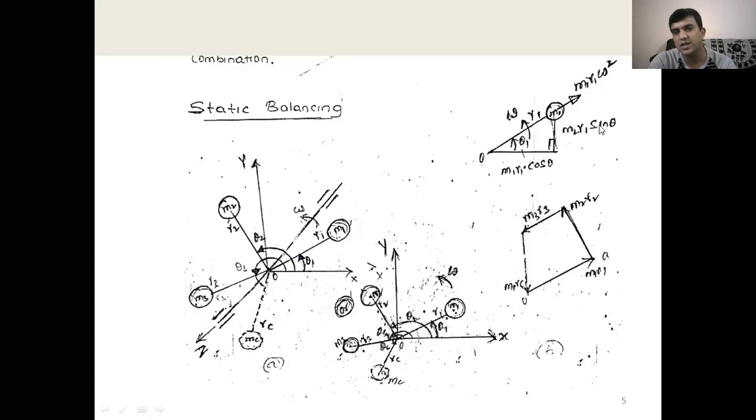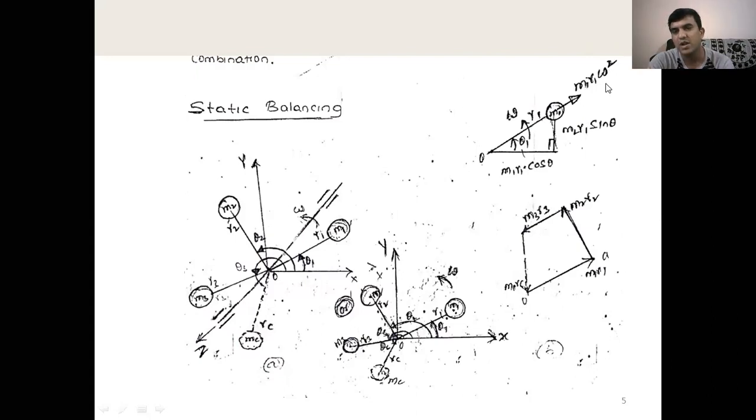As you know, sin theta is opposite by hypotenuse, so the opposite side is hypotenuse into sin theta. Now, for each term, when you go for the force polygon, omega will not be considered here because it rotates at a uniform velocity, so finally it will get cancelled.